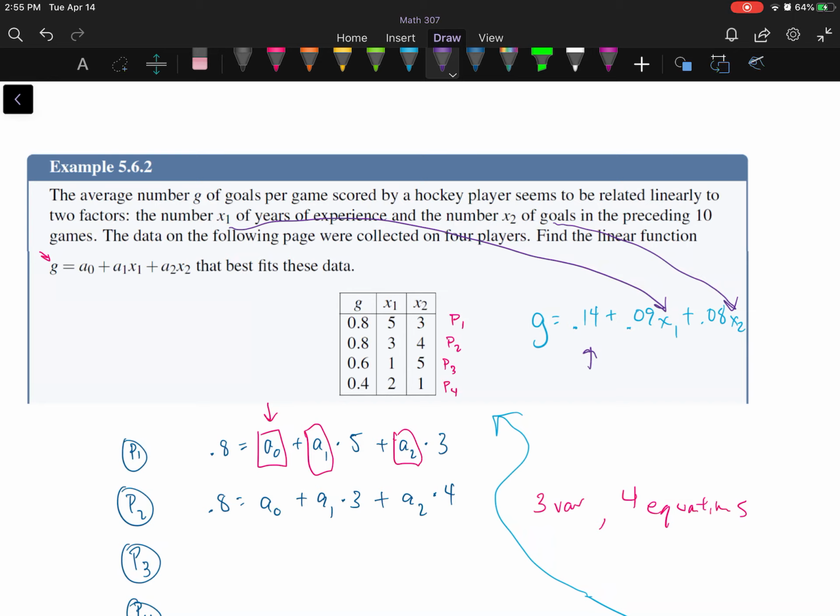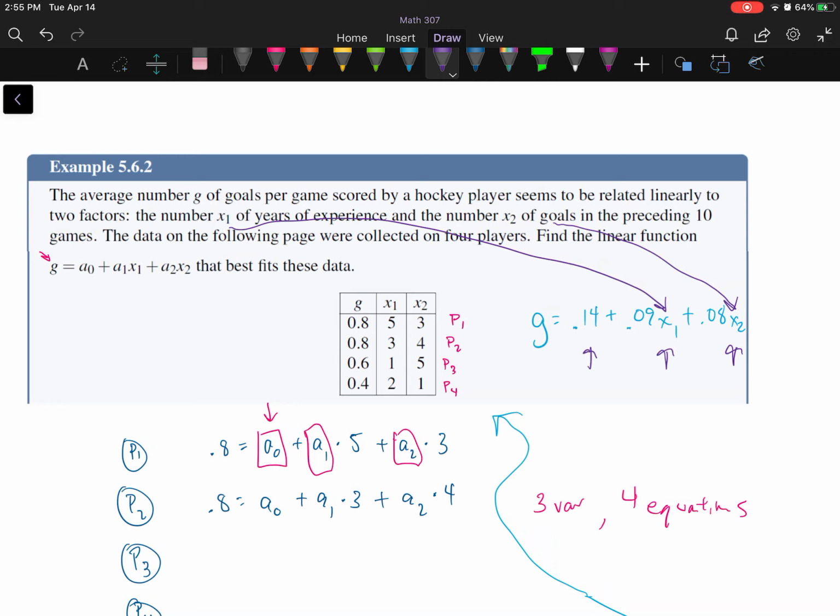That's an average, of course. That means that they'd score a goal every, I don't know, 8 or 9 games, something like that. But the factors of more years of experience add on another 0.09 average of a goal per year. And we add on another 0.08 average of a goal for the number of goals in the preceding 10 games.